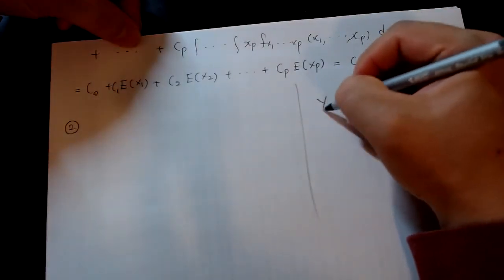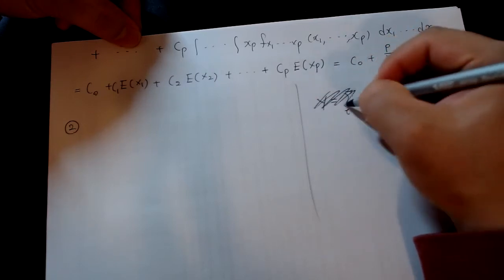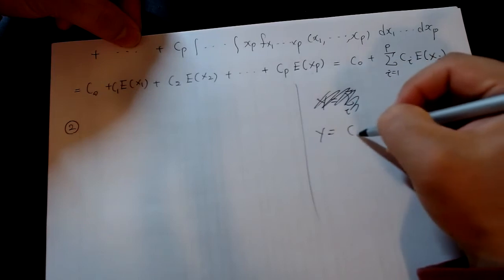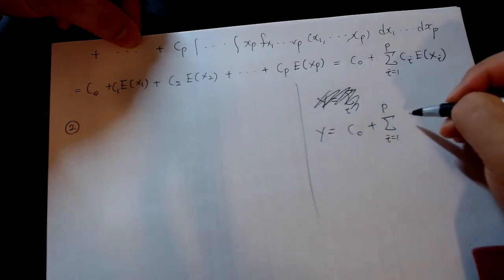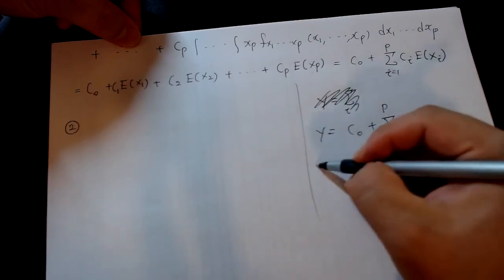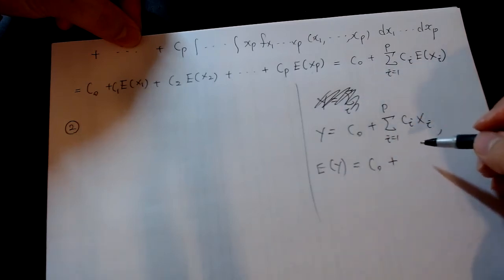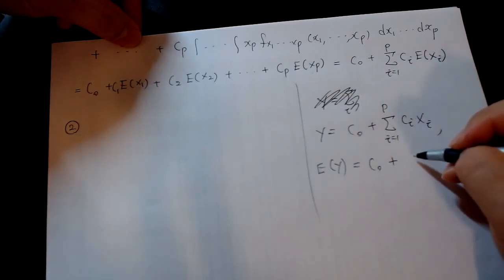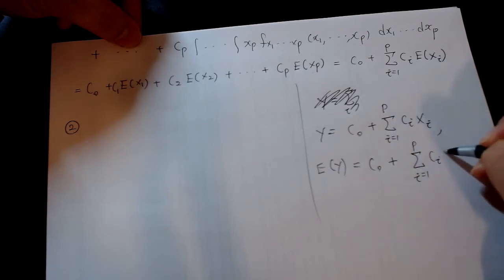So now we can say that y is equal to c0 plus sigma i goes 1 to p, ci xi. Then the expected value of y is equal to c0 plus sigma i goes 1 to p, ci times expected value of xi.